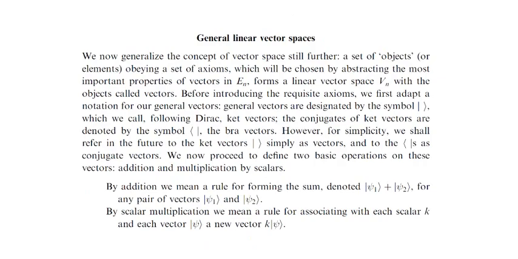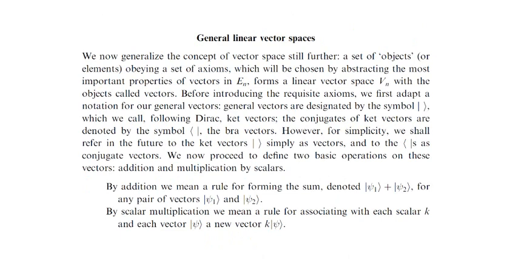Now we spoke about Euclidean spaces in general. Now let's see what a general linear vector space is. Till now we were talking about the ordinary vectors which we represent with directed line segments.